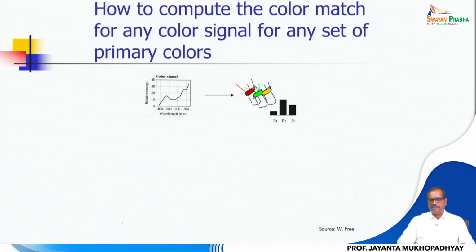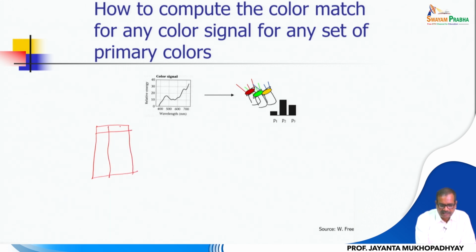So the first thing here we would try to understand is, suppose I know the color matching functions, which means I have these tables: C1, C2, C3, and then lambda naught, lambda 1, 2, say lambda n. So there are different wavelengths, and I know the corresponding components.